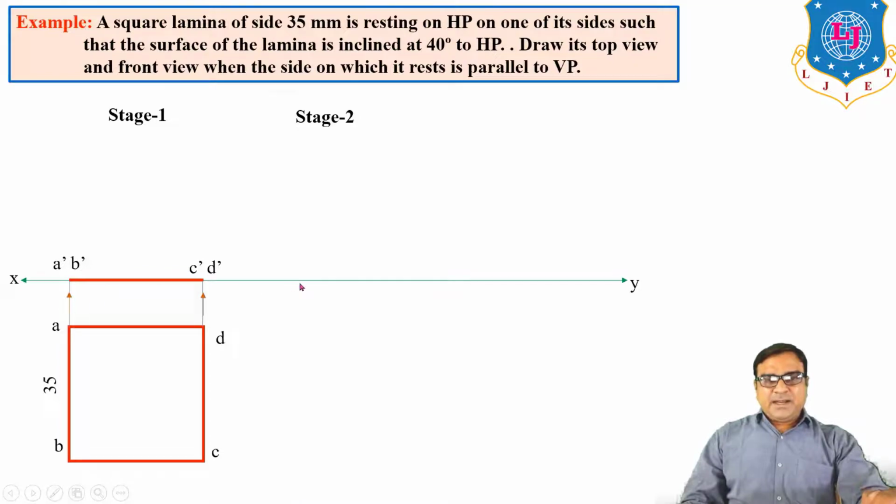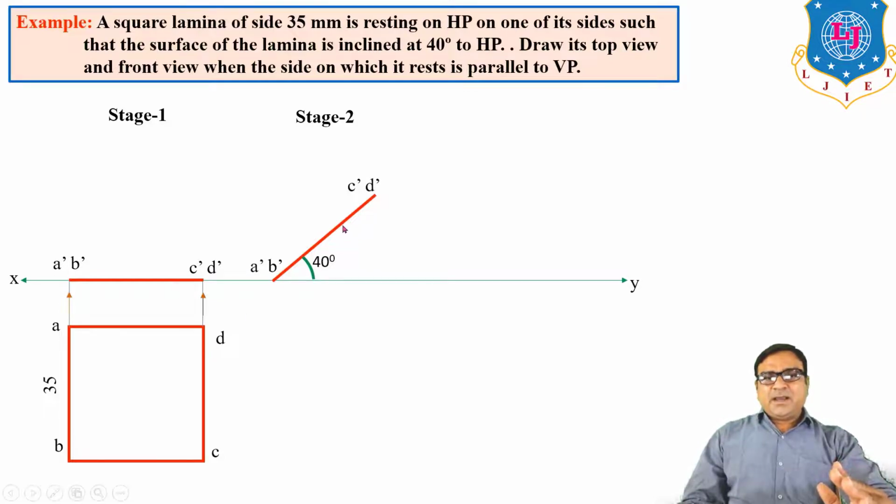So put A dash B dash on XY first and then draw a line at 40 degree, and the length of this line is exactly the length of the previous line. So A dash B dash and C dash D dash is the front view of the plane when the surface is inclined 40 degree.